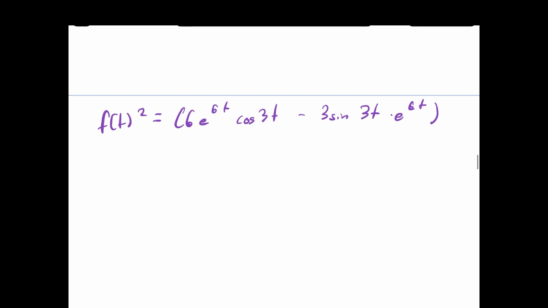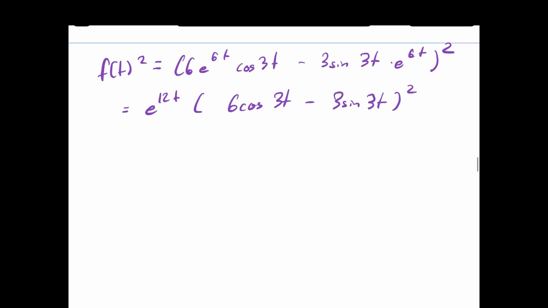Okay, and this will just be squared. And for this one, if we take out the e to the 6t and square it, we'll get e to the 12t times 6 cos 3t minus 3 sine 3t. We could have kept it in there, but it really doesn't matter. It just looks easier and it's easier to understand this way.